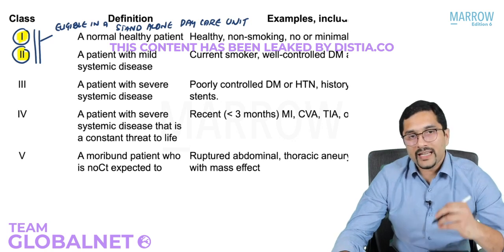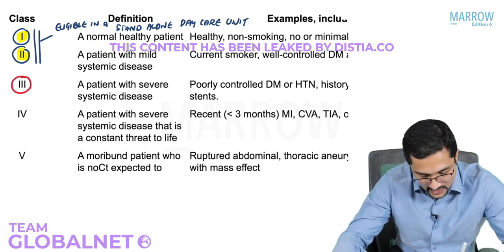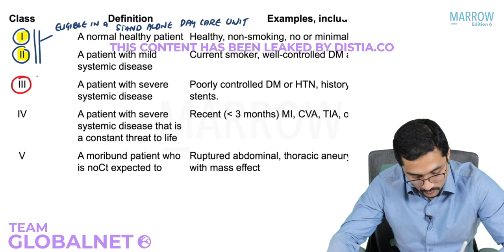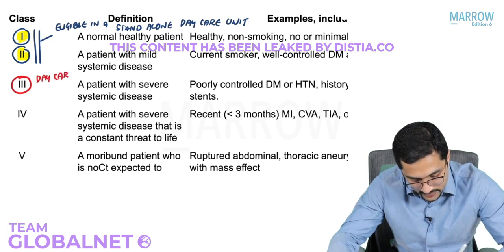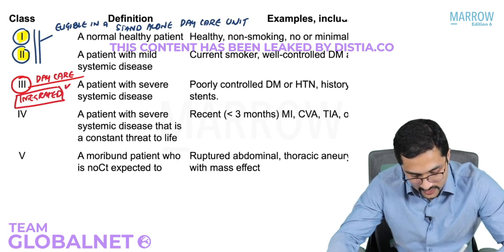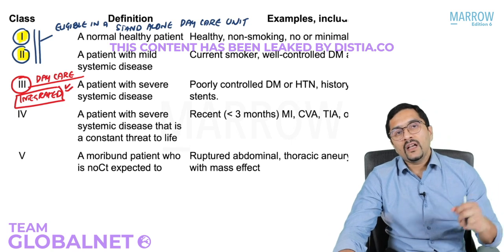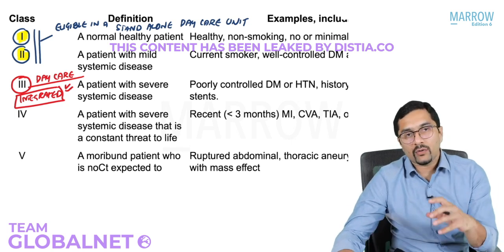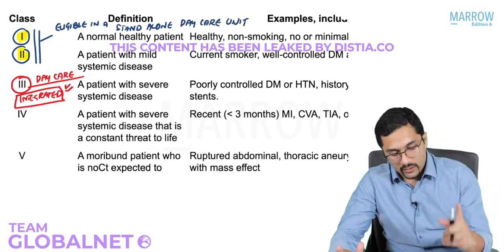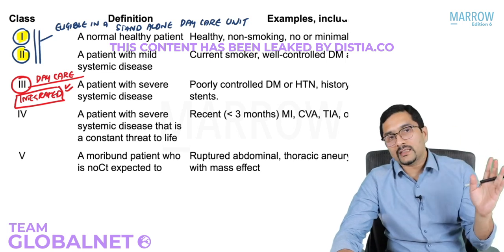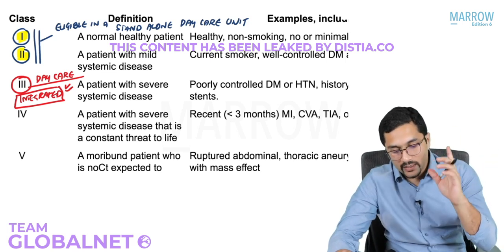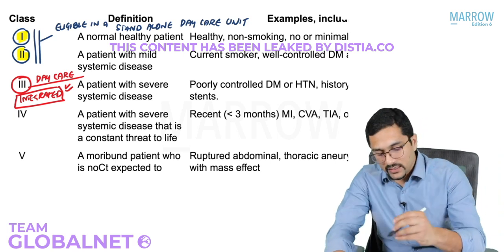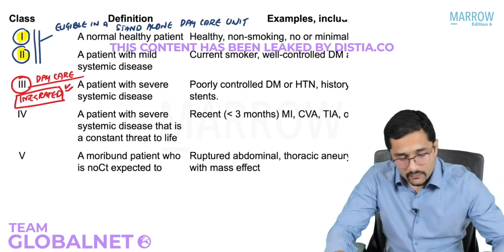If you want to do a daycare surgery for ASA grade 3, it should be an integrated daycare surgery unit which is attached to a hospital. So just in case it is required, you have all the resources available with you. So 1 and 2 you can do as a standalone unit. 3 you need to do in an integrated daycare unit which is linked with a hospital.